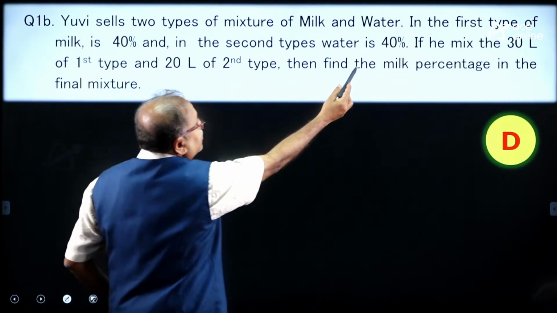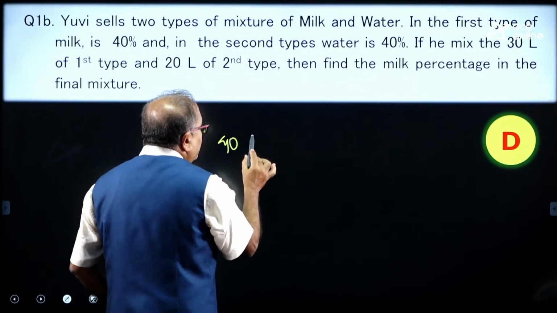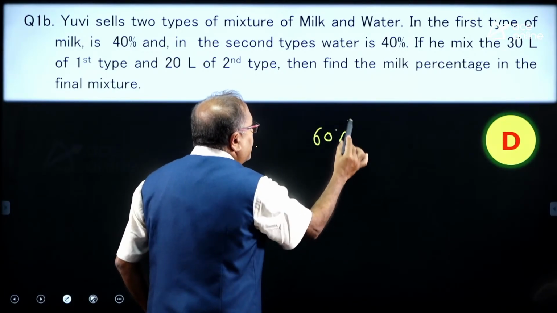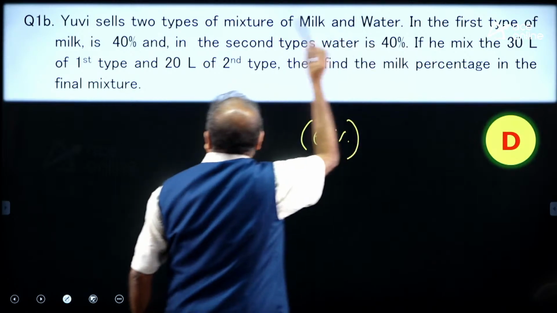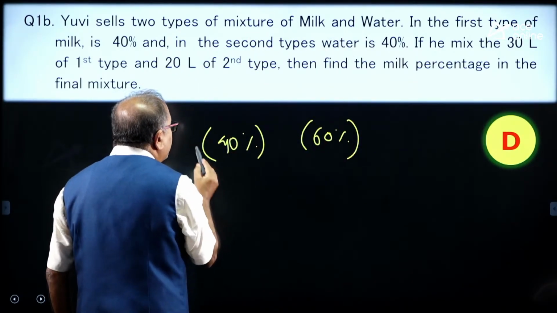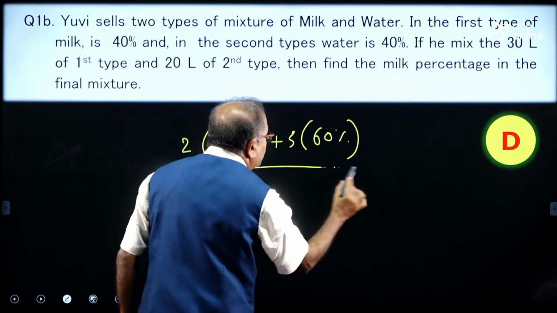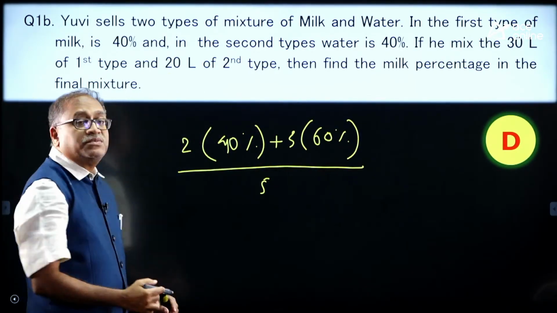Here the first one is 40% milk and the second one is 60% milk, and it is taken in the ratio of 3:2. So, multiply this by 2, multiply this by 3, add this, and 2 plus 3 is 5, and thus finally you are getting your answer, Mr. Lucky.